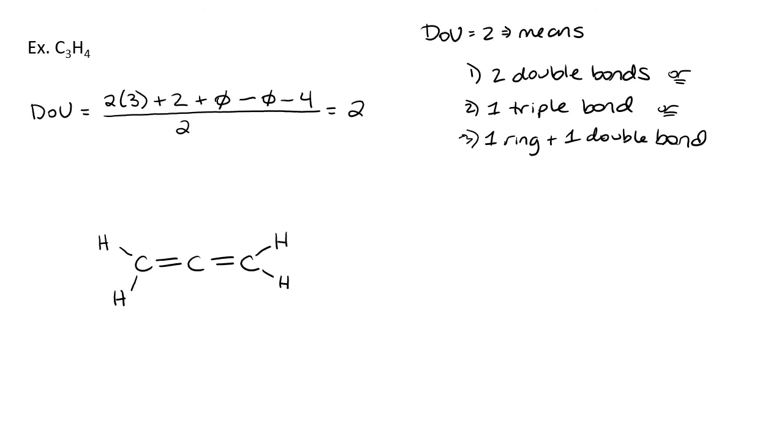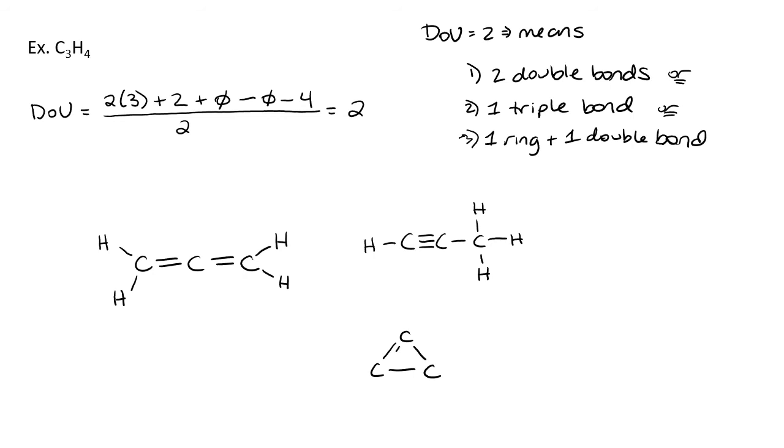We could also have a structure with a triple bond. Again, we want to draw structures where we have no formal charges. We could have a ring and a double bond. So we'll connect all 3 carbons in a ring.